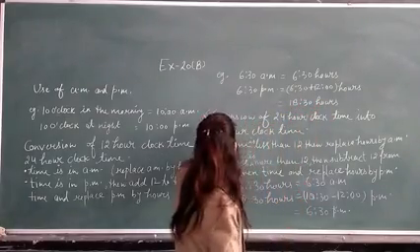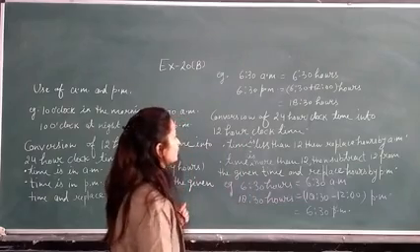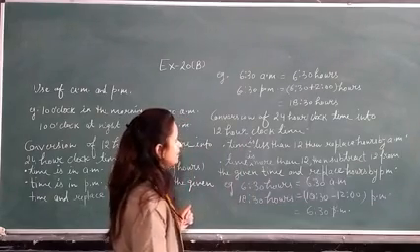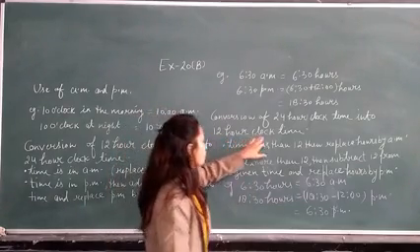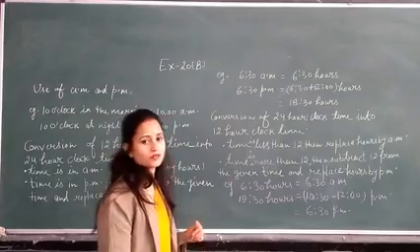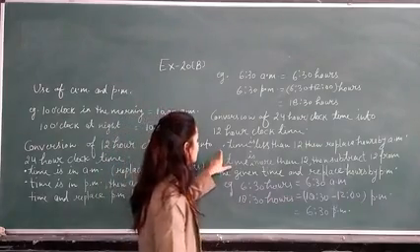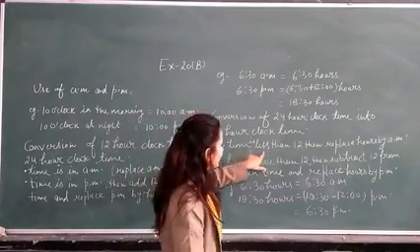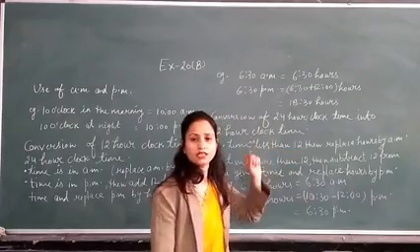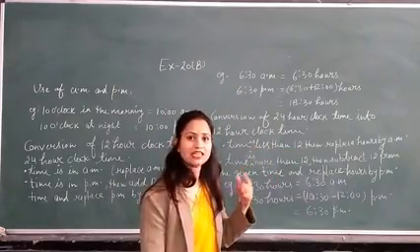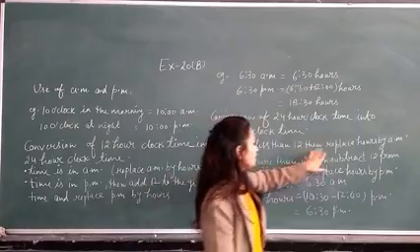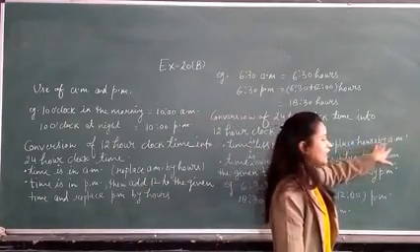Understood? Next, conversion of 24-hour clock time into 12-hour clock time. There are also two rules. First, if the time is less than 12, then replace hours by AM.